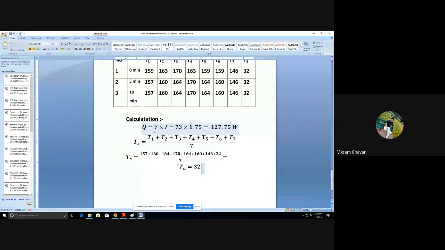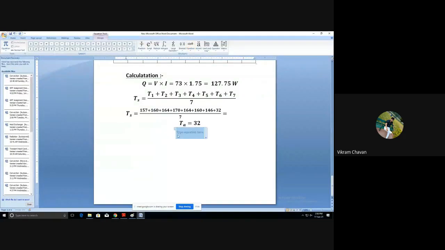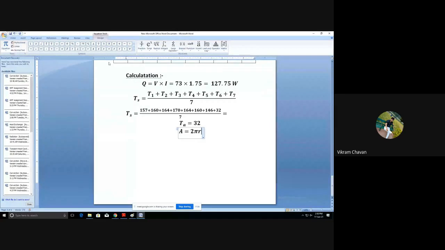Q is known. Area: how to calculate the surface area for the cylinder? 2 multiplied by pi multiplied by r l, or since we have the diameter, pi d l, where d is the diameter of the tube and l is the length of the tube.